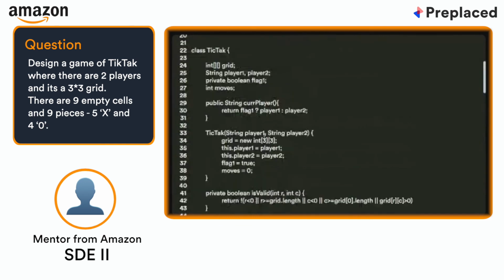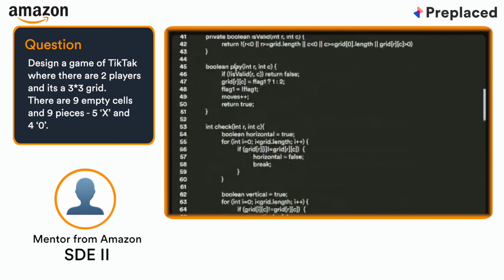So every time a valid move has been made here, I am updating my flag, right? Initially, let's look here. If flag one means player one is playing, I will be assigning grid[row][column] as one, or else I will be assigning it two. Right? And now when you change the flag, next time it's player two's turn.